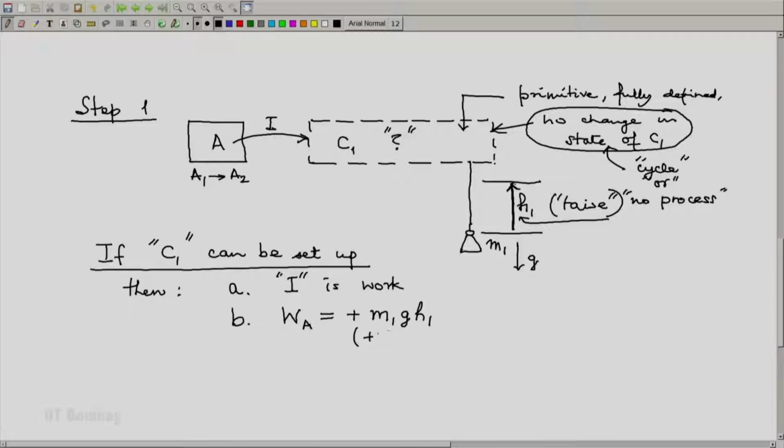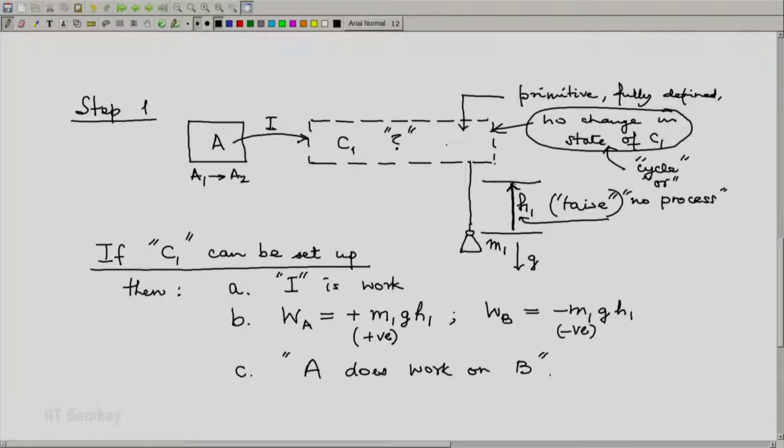This will be a positive number. Work done by system B will be minus m1 g h1. This will be a negative quantity. And third thing we say is system A does work on system B.